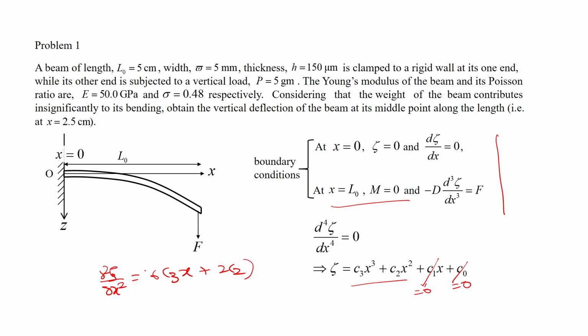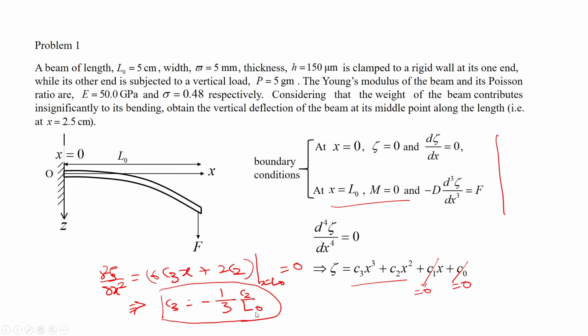Now, this is equal to 0 at x is equal to L0, and therefore C3 is equal to minus 2 by 6, which is minus 1 by 3, times C2 by L0. So, it is like this.